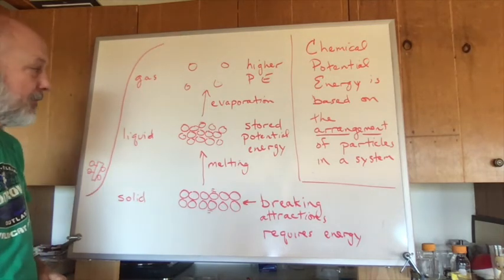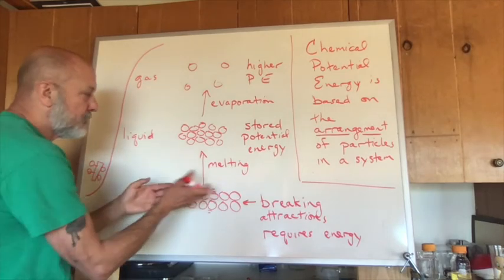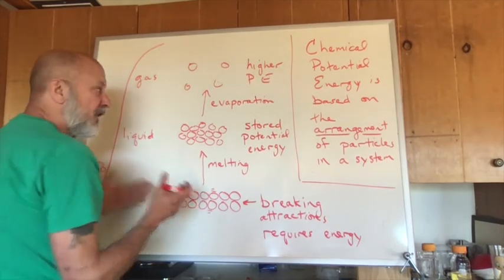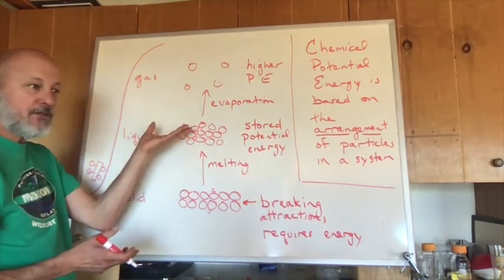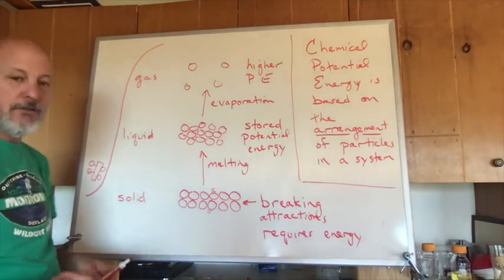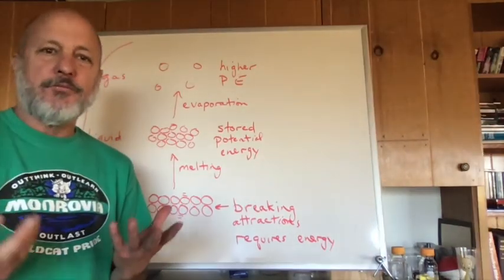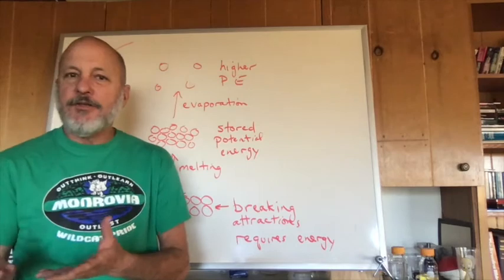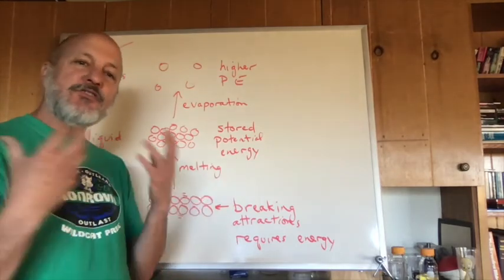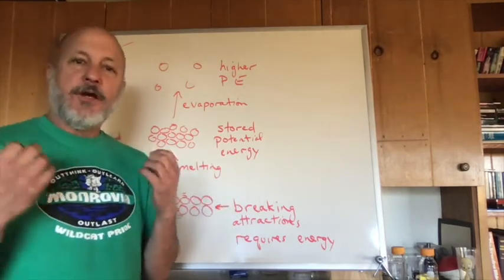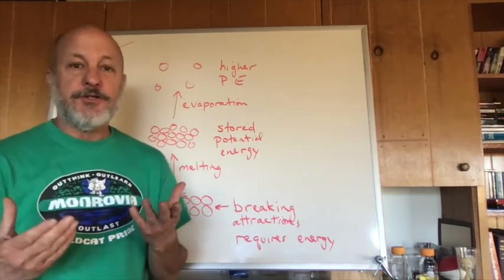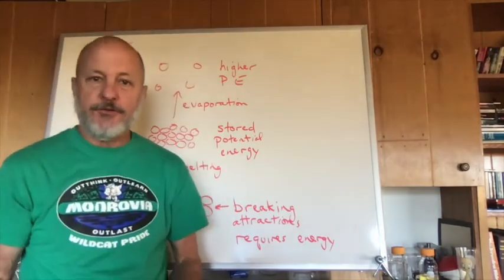The same thing is happening here. Breaking those attractions requires energy. To raise the potential, it came from the surrounding molecules. In our next video, we're going to break down those examples of the ice and the water and some others where we get these transfers of energy from energy of motion to potential, or from potential to energy of motion.